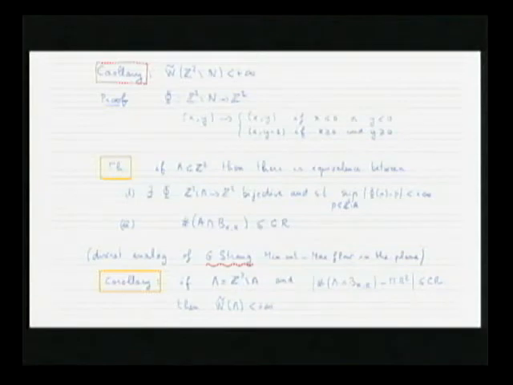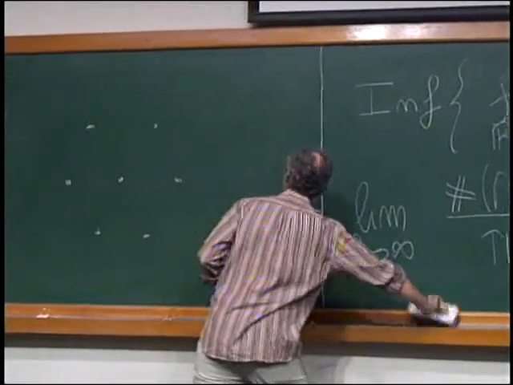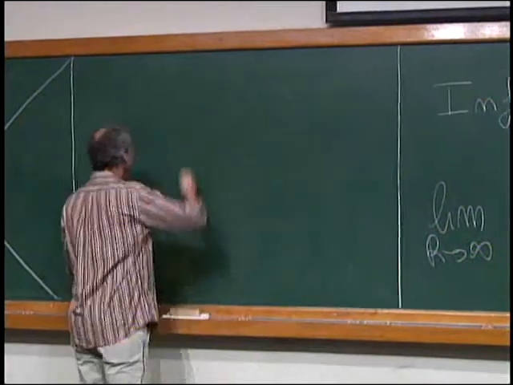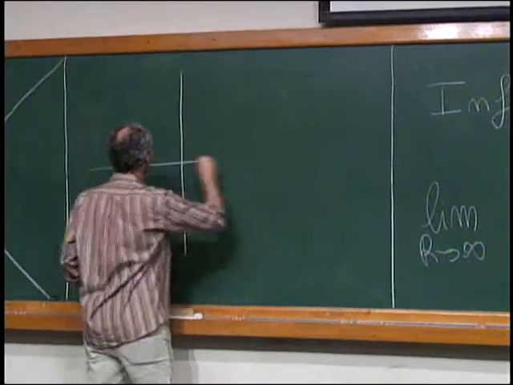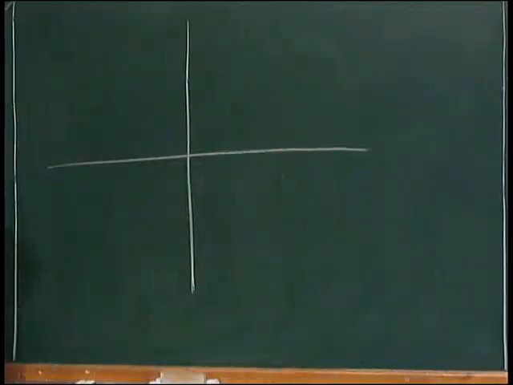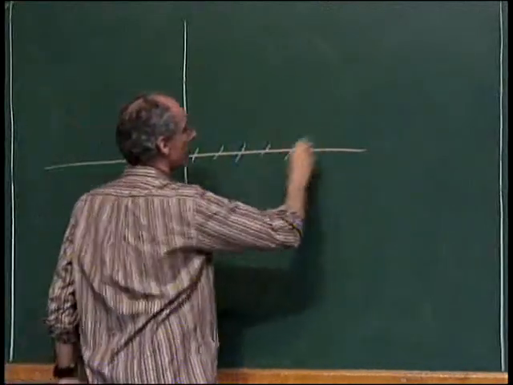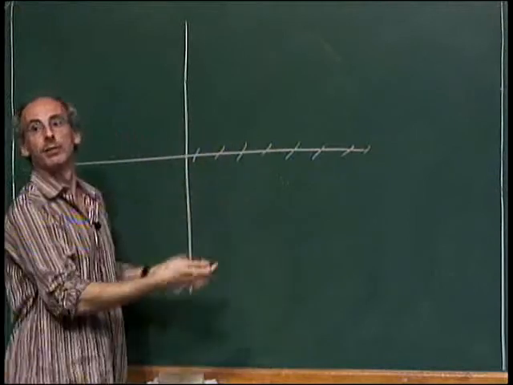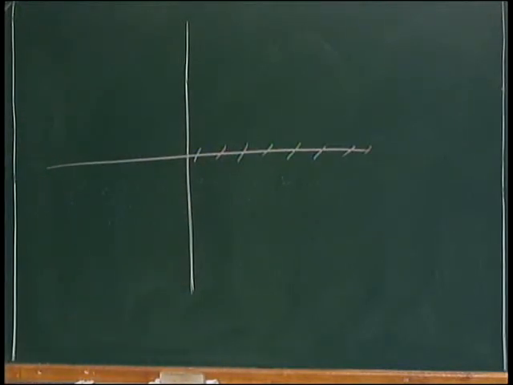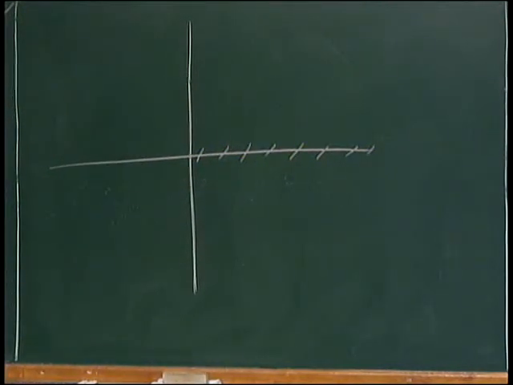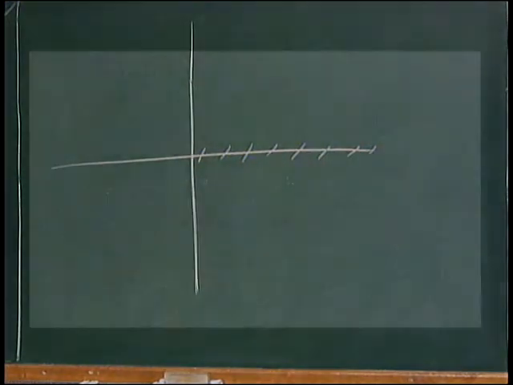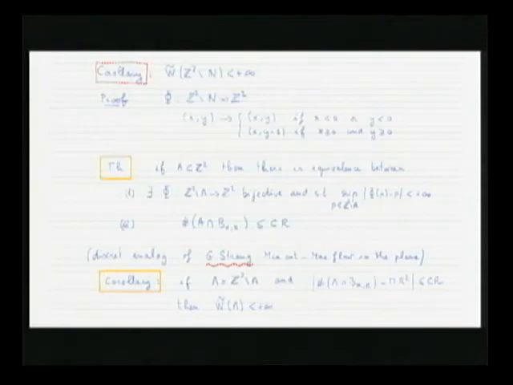So you take, so this line is not here in Z squared set minus N. So I take this quarter plane, I move it down, and of course they get a bijection between Z squared set minus N and Z squared, and so this proves that W tilde of Z squared set minus N is finite.